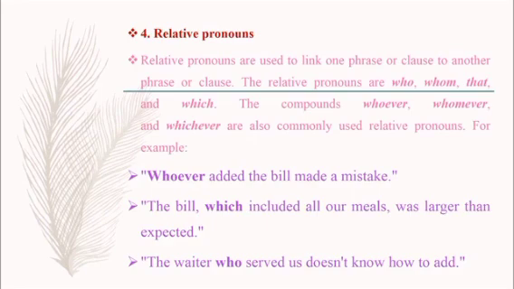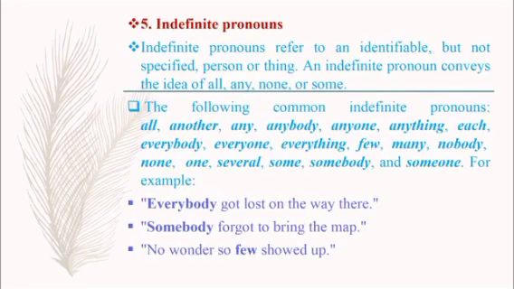Next, we are going to learn about indefinite pronouns. Indefinite pronouns refer to an identifiable but not specified person or thing. An indefinite pronoun conveys the idea of all, any, none, or some.